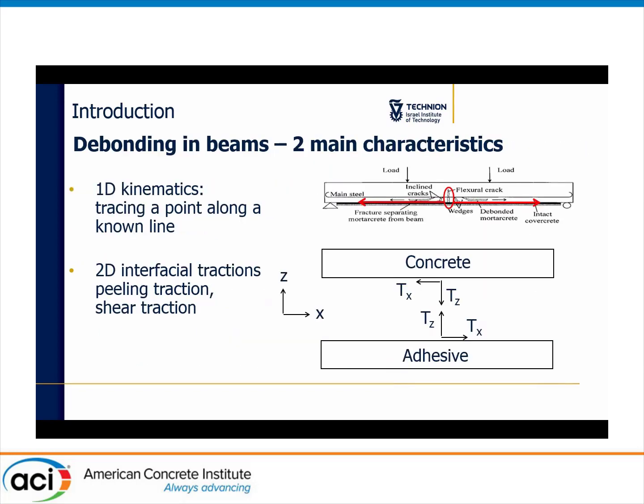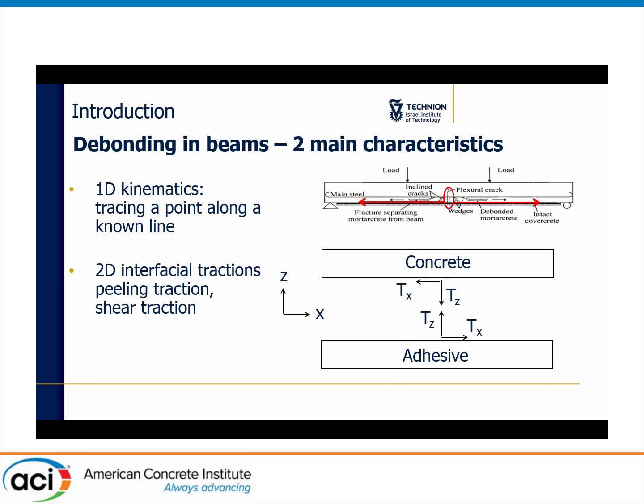If we consider debonding in beams, two main characteristics of the process are one-dimensional kinematics and two-dimensional interfacial tractions. By one-dimensional kinematics is meant that the geometry of the process can basically be reduced to the tracing of a single point along a known line.